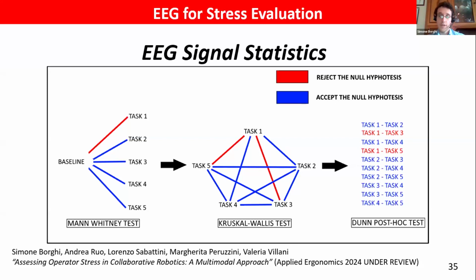The metrics extracted from the various biosignals, including the EEG, were compared to the baseline. The question is whether there is a variation in the parameter relative to a resting condition, or put another way, whether the task is indicative of being more stressful than a normal situation.